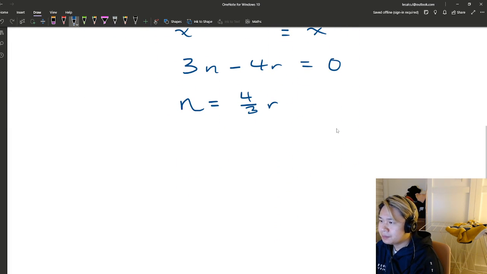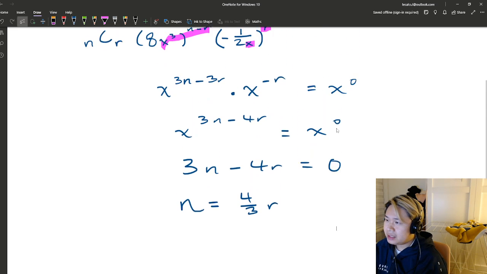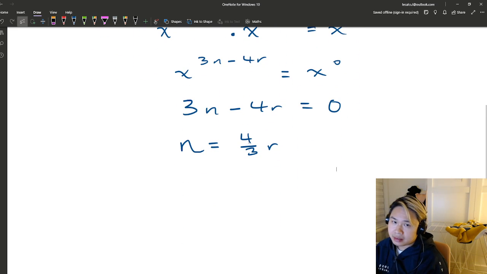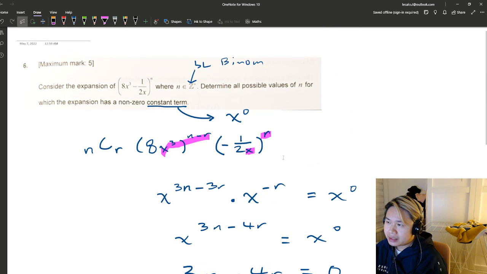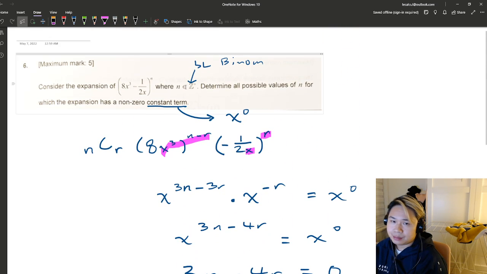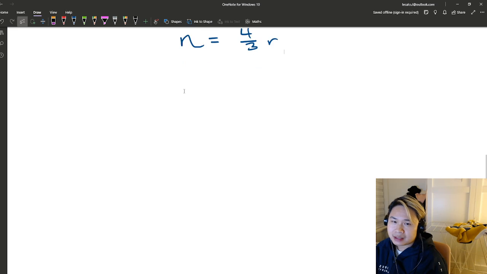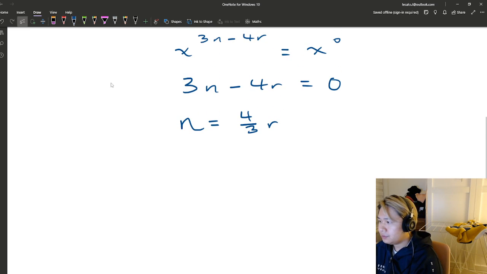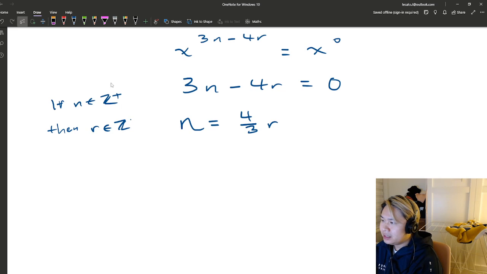Let me rewrite this. Because n is related to r, and it's 4/3 of r, and because this is the SL binomial theorem, and what I mean by that is n is a positive integer, we also know that if n is a positive integer, then r also has to be a positive integer.